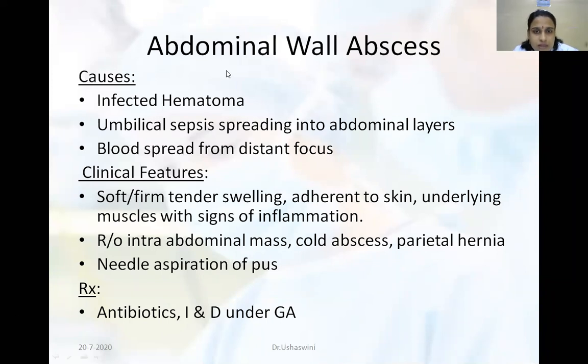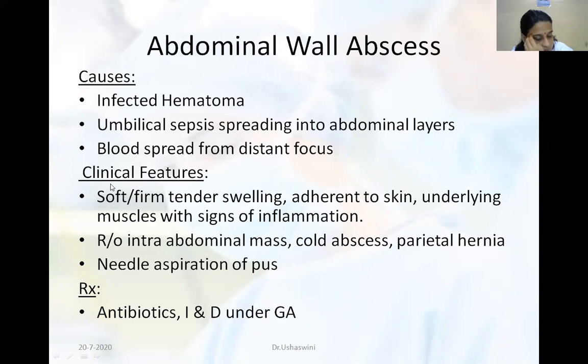The causes of abdominal wall abscesses are, first, a hematoma, which is a collection of blood in the abdominal wall musculature. When this gets infected, it may cause an abscess. Next, umbilical sepsis spreading into the abdominal layers. Blood spread from a distant focus can also reach the anterior abdominal wall.